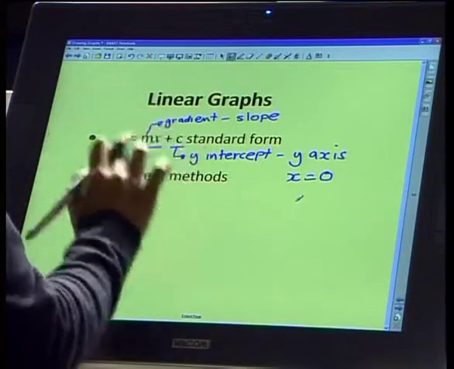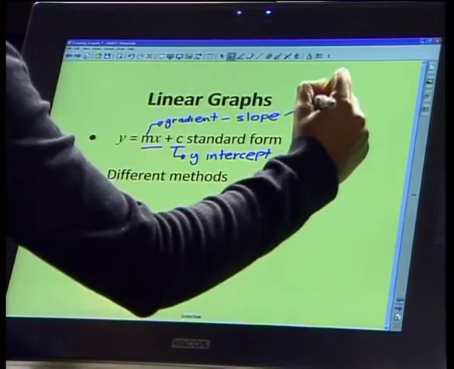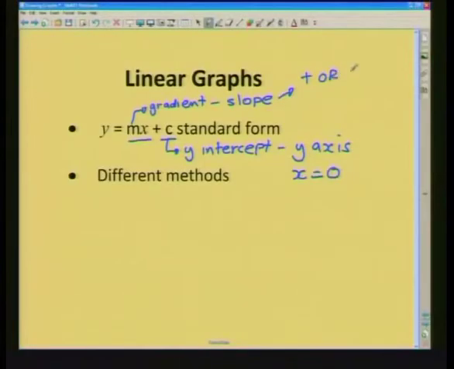Your gradient can also be positive or negative. When you are dealing with a positive gradient, you will have a graph that slopes towards the positive numbers. That's how I like to remember it, because all our positive numbers are on the right-hand side of the number line.